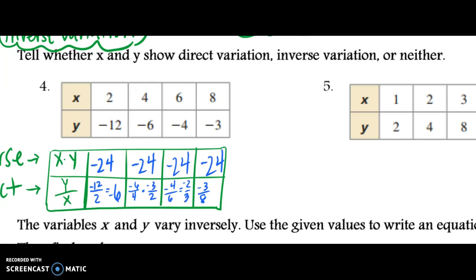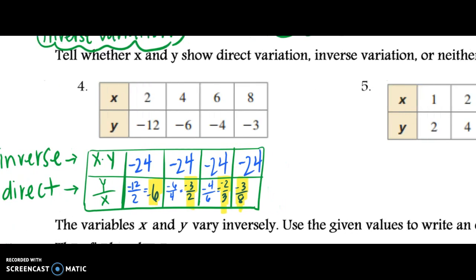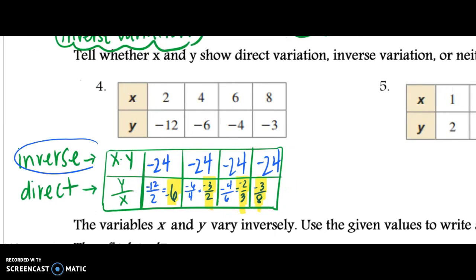Negative 12 divided by 2 is negative 6. Negative 6 over 4 is negative 3 over 2. Negative 4 over 6 is negative 2 over 3. And then negative 3 over 8 is just negative 3 over 8. Since these values are not the same, we're going to go with this is inverse variation.